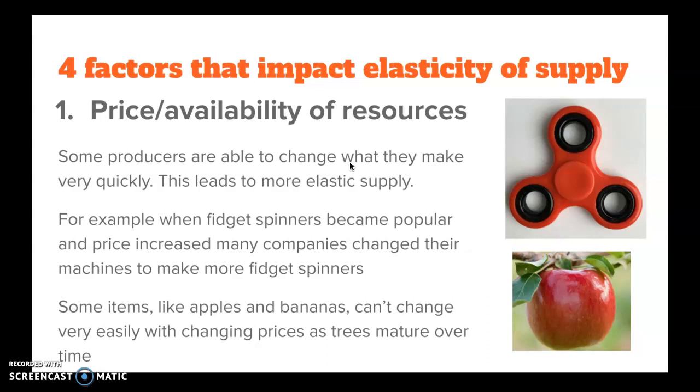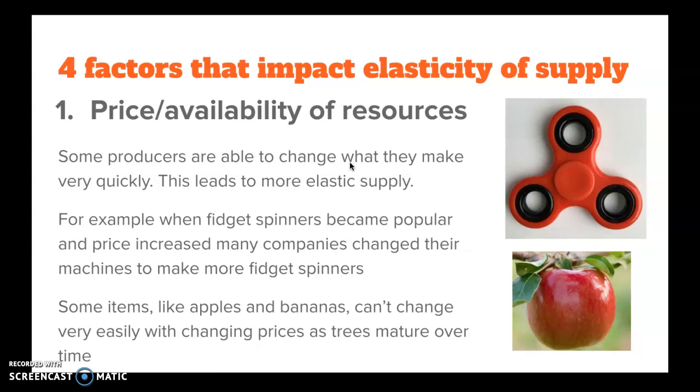Remember fidget spinners? Very compatible, very easy to change what your factory is making to make more of that particular product. All right. However, a thing like apples take a long time for the tree to mature, and a lot of times it might take 2-3 years.